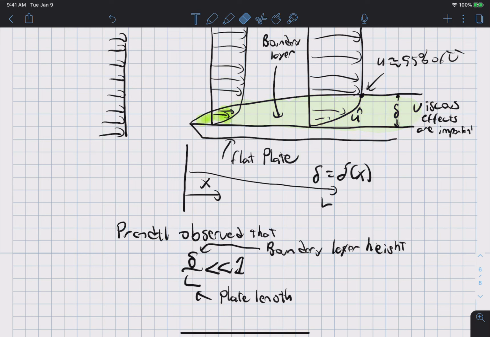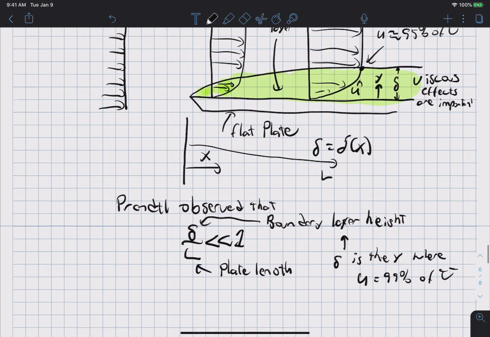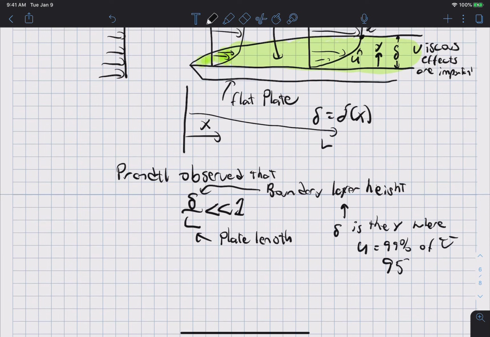And it is, if I define y, sorry about that. If I define delta as the y where u equals 99% of cap U, as I said above, or you'll sometimes commonly see 95% of U. Once you understand boundary layer theory, there's no really super precise definition of when you get above the boundary layer or when you are inside of it.